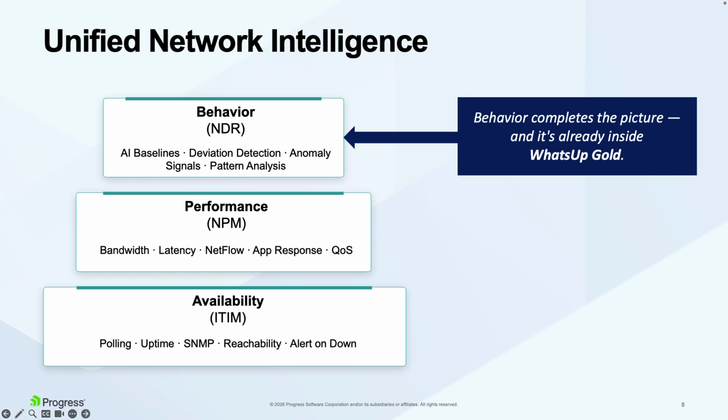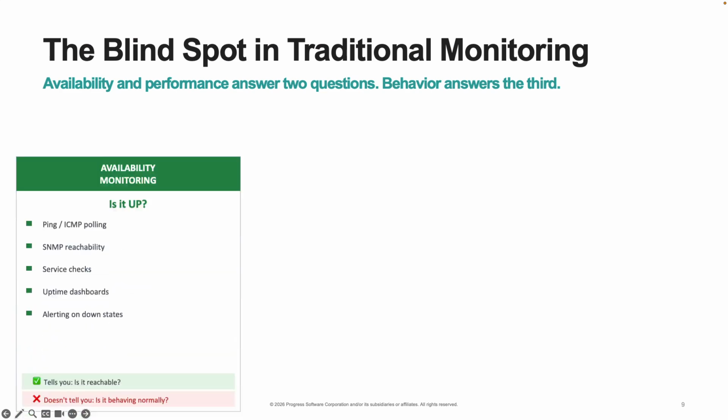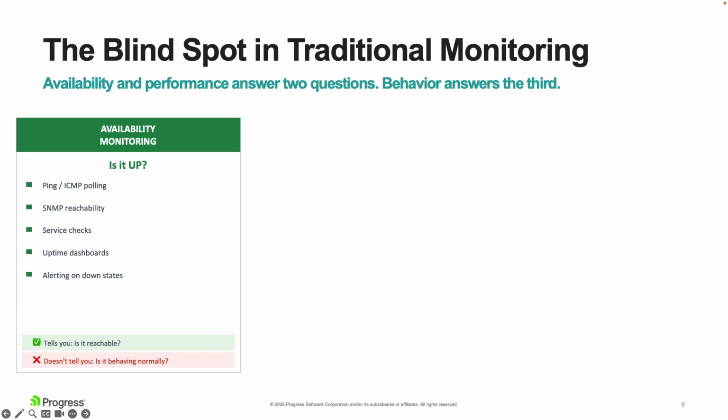What it does is provide AI baselines, proactively alert on any deviations, flag any potential anomaly signals, and do basically a pattern analysis. So if we look at these three pillars closer together, what's the blind spot in today's traditional monitoring? First, as I mentioned, we've got our availability. So is it up or is it down?